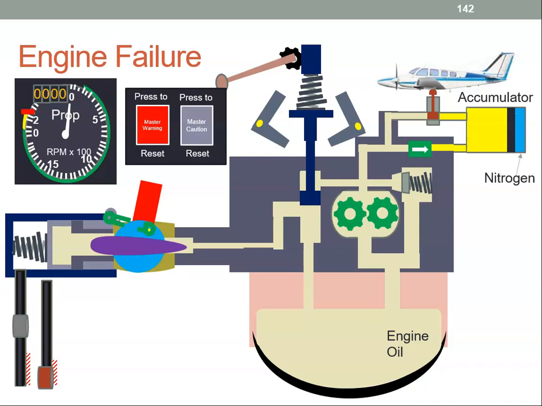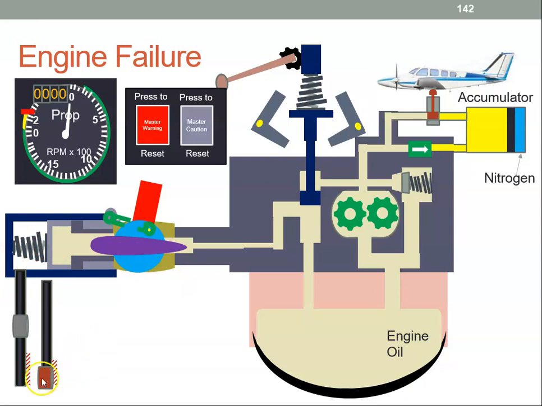So when we want to unfeather the propeller, the pilot can select unfeather, and when he selects unfeather, this valve here will open, and this high pressure oil can come down into the cylinder, push the piston back, and move the propeller into a fine position.